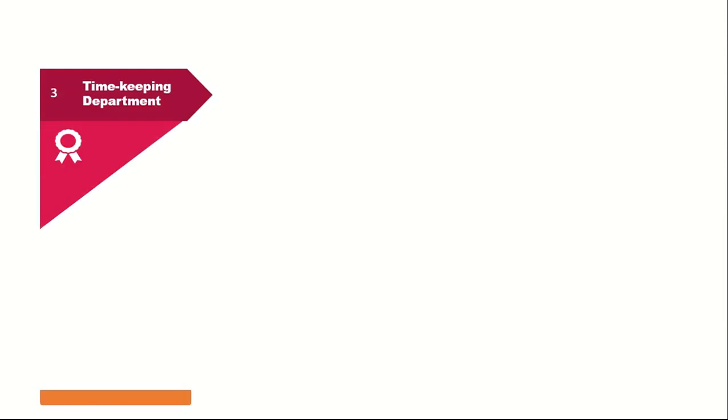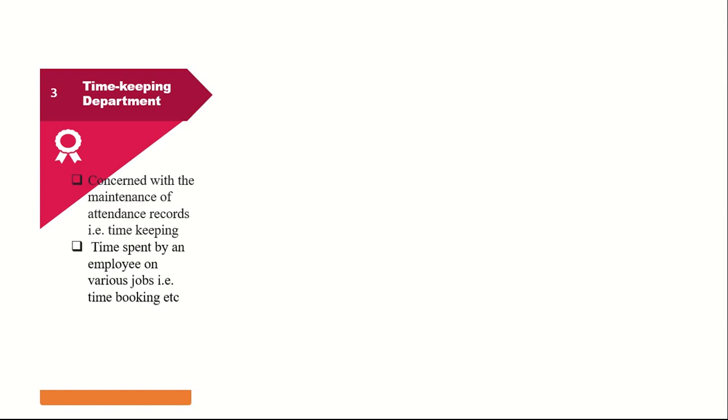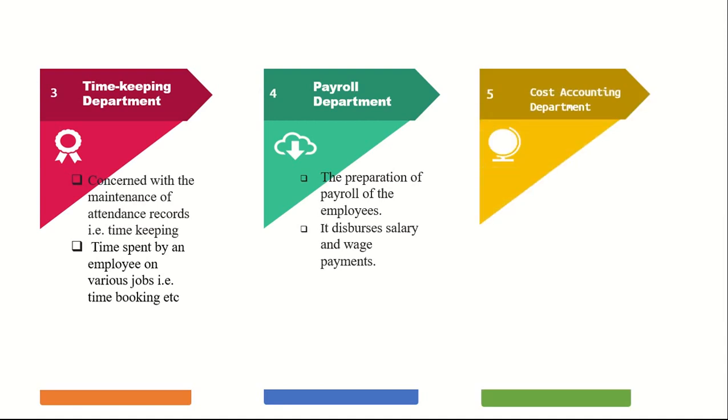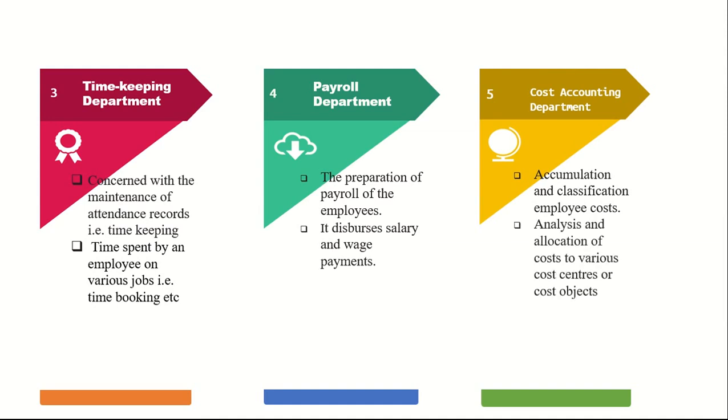Concerned with the maintenance of attendance records, i.e. timekeeping and time spent by an employee on various jobs, i.e. time booking, etc. Payroll department. The preparation of payroll of the employees. It disburses salary and wage payments. Cost accounting department. Accumulation and classification of employee costs. Analysis and allocation of costs to various cost centers or cost objects.